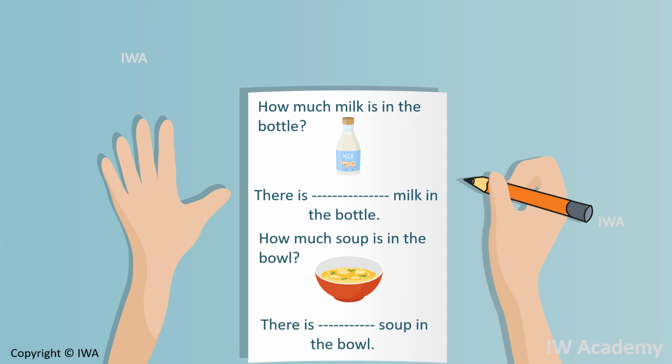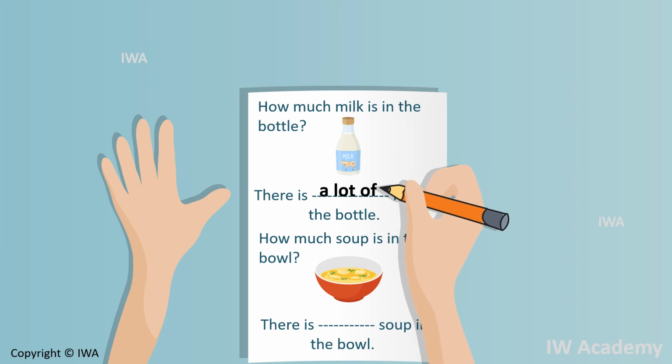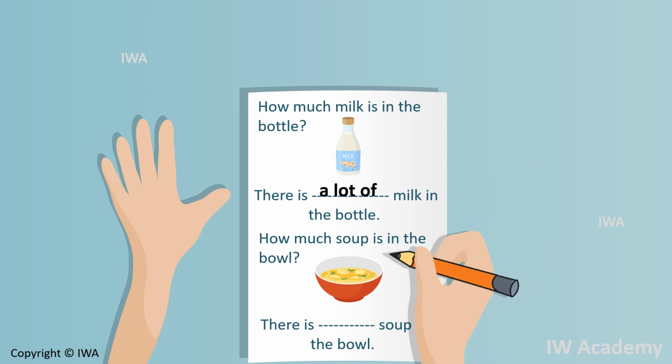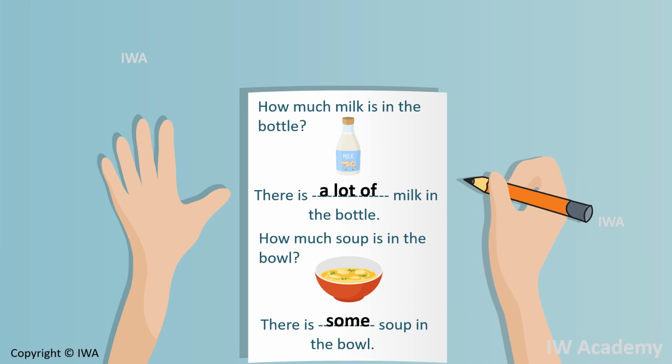How much milk is in the bottle? There is a lot of milk in the bottle. That's right. Look at this one. How much soup is in the bowl? There is some soup in the bowl. Excellent!